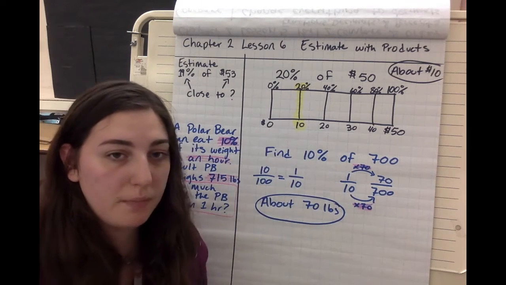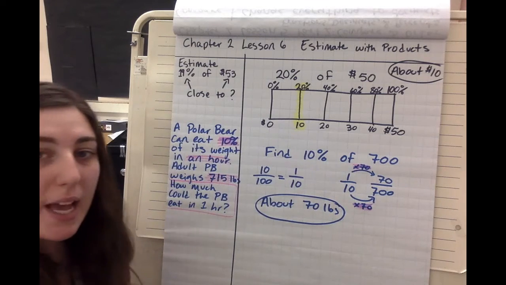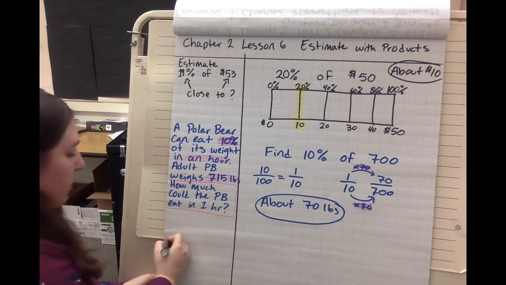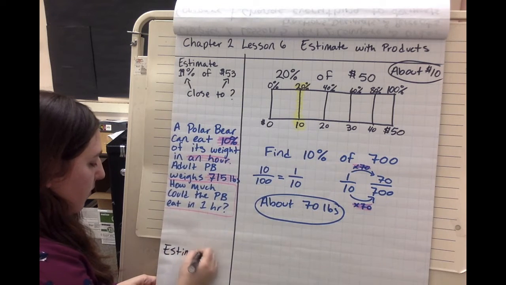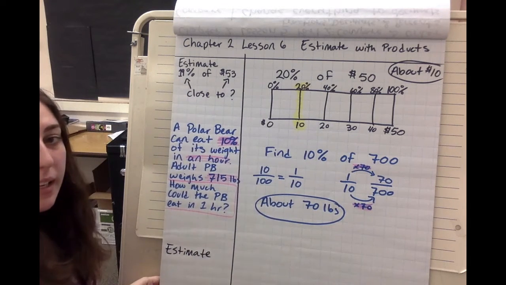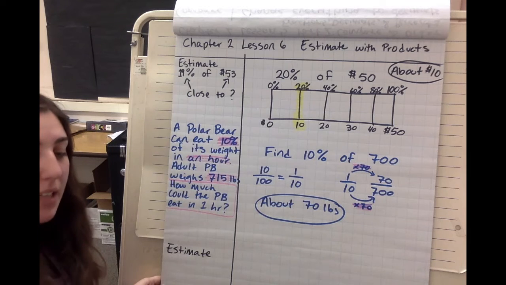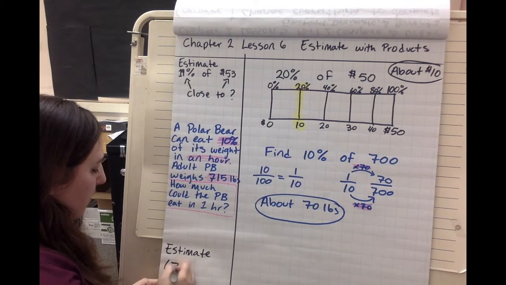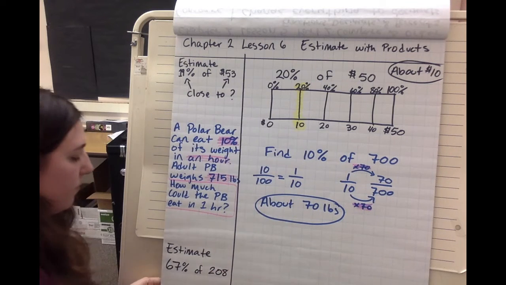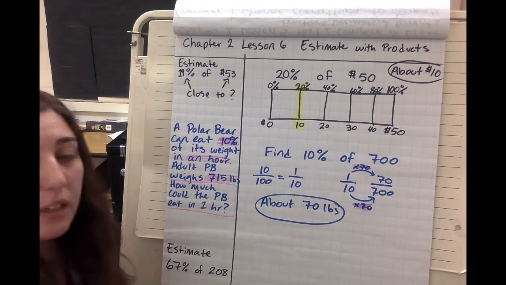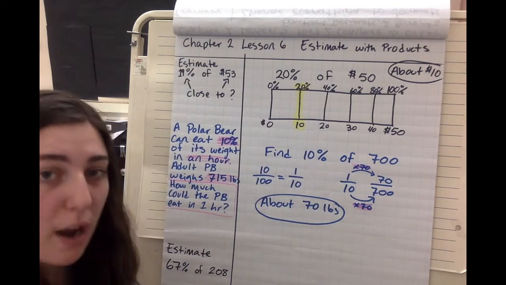Okay, last one. We need to estimate, so we're estimating again. Estimate 67% of 208. Okay, so this time we're going to use a different strategy.